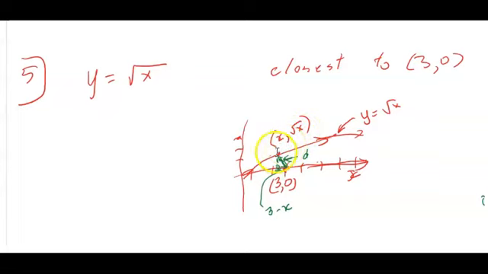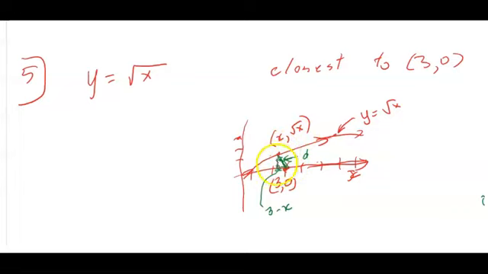Okay, so from our point (x, radical x), we want to draw a straight line, and let's call that d, and that d will be our minimum distance from (x, radical x) to (3, 0).